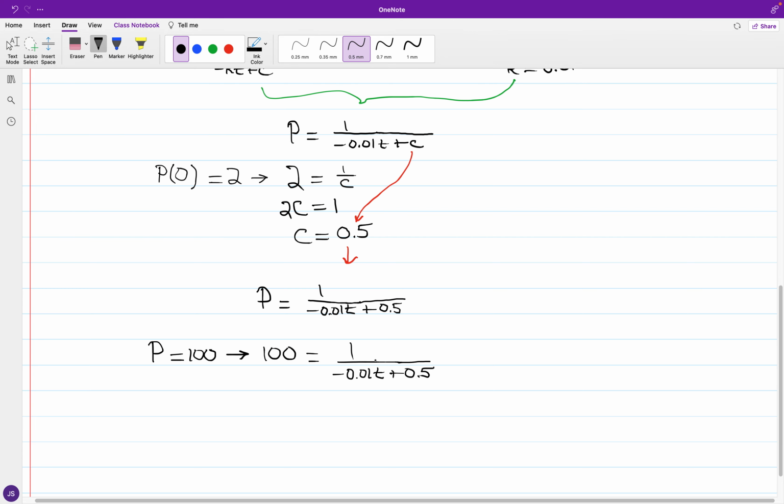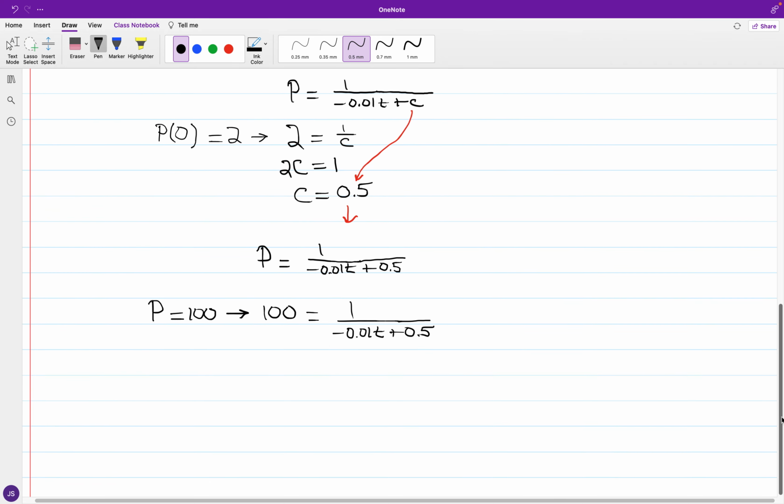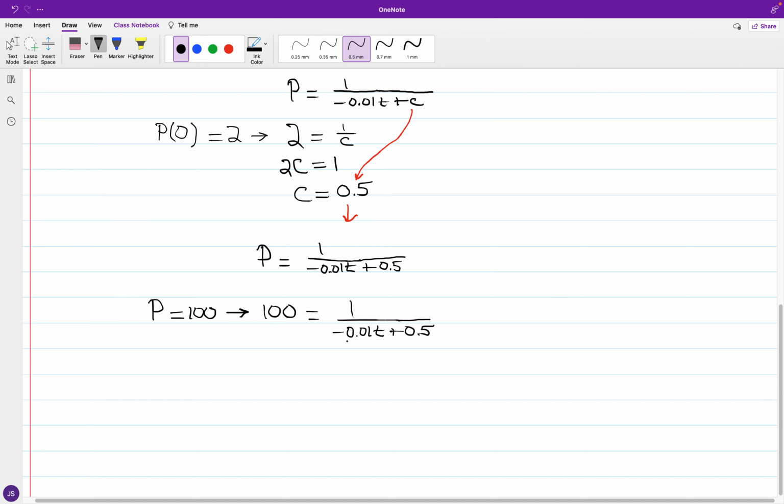And if I multiply both sides of the equation by the denominator, just to get out of the fraction mode, you have 100 times negative 0.01t, so there'll be a negative 1t, and 100 times 0.5, so that'll be 50. So you have negative t plus 50 is equal to 1. Subtracting 50 from both sides, we have negative t is equal to negative 49.